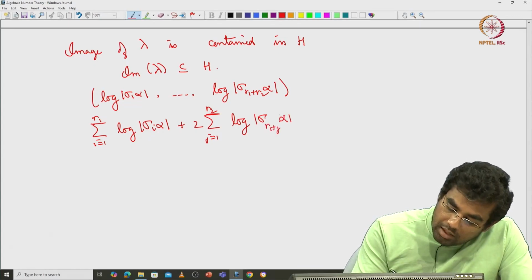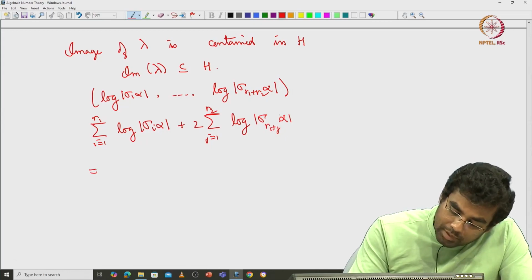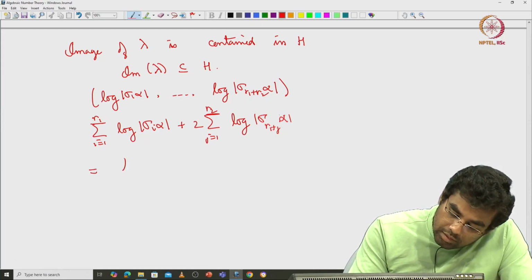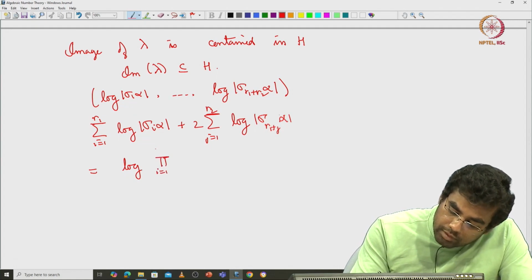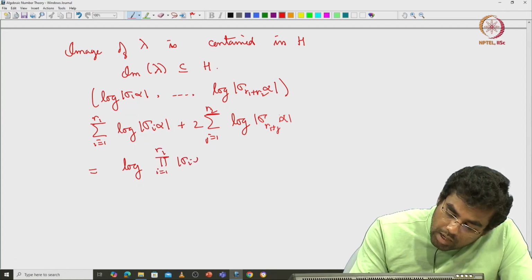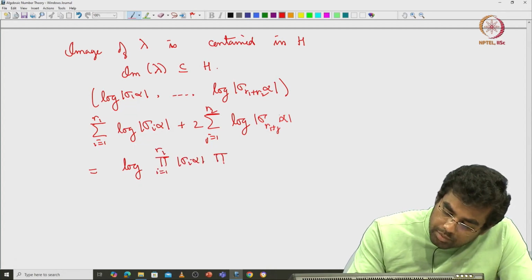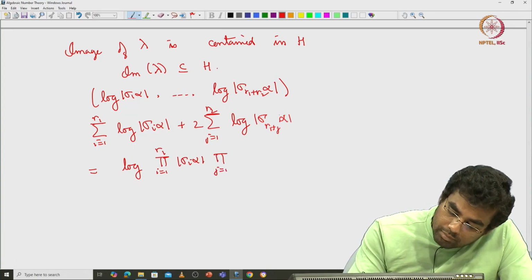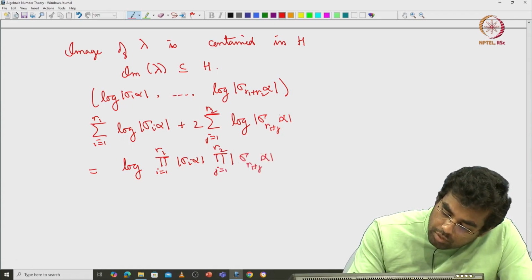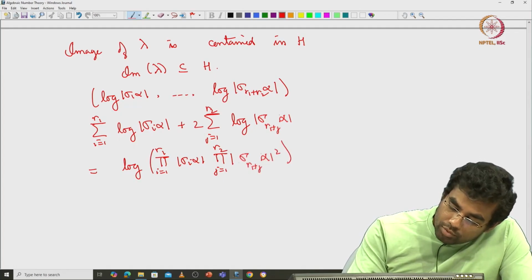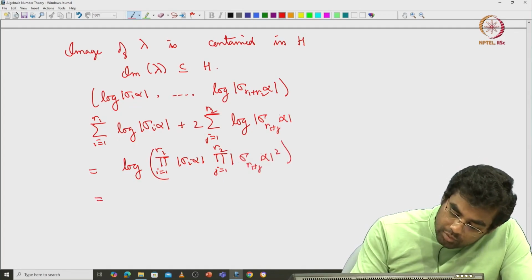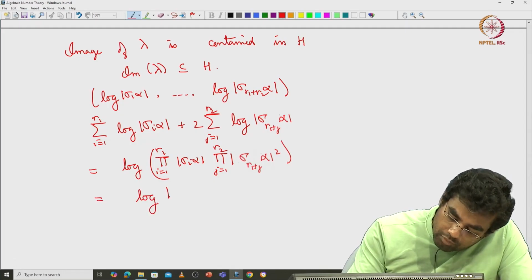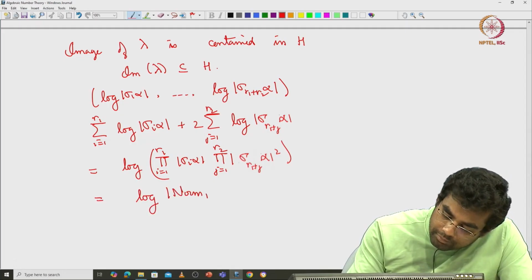And if you write this properly, then you get log of product i going from 1 to R1 sigma_i alpha times product j going from 1 to R2 mod of sigma R1 plus j alpha squared. And if you think for a second about what this is, it is log of mod of norm from K to Q of alpha.